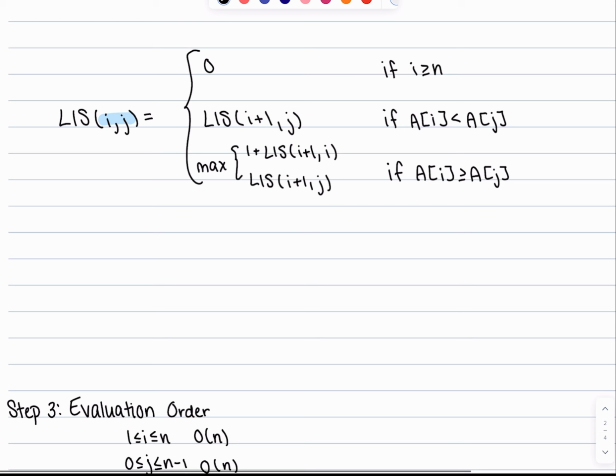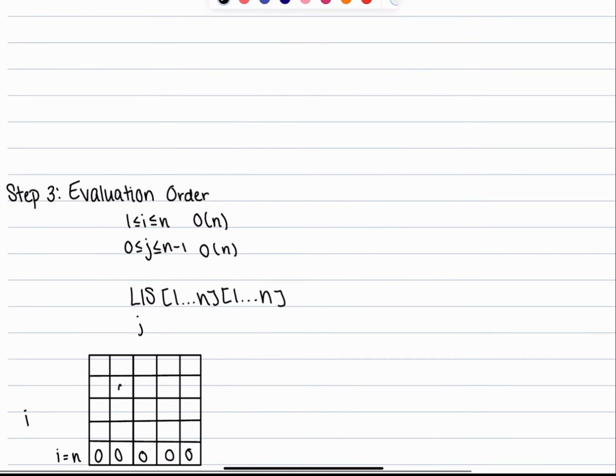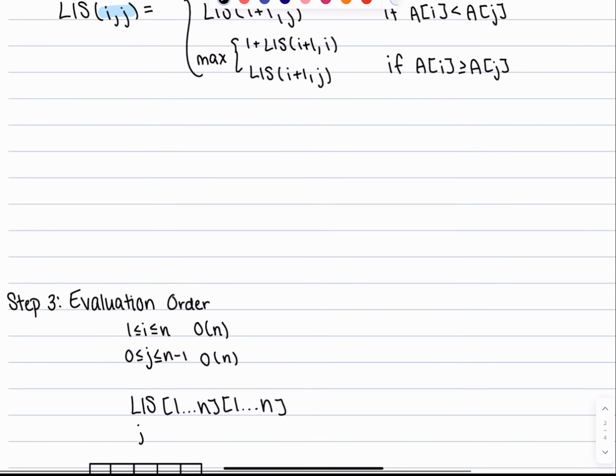Then let's look at our next step. Well, LIS(i, j) is dependent on LIS(i+1, j), which means that in order to know this element right here, I have to know something in the row right below it. So I have to know LIS(i+1, j), which is in the row right below it, and that should be this element right here. So that's one case. So we're seeing that LIS(i, j) is dependent on the row right below it.